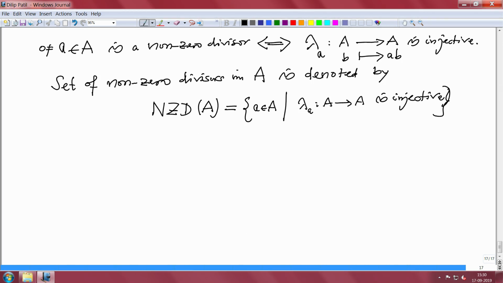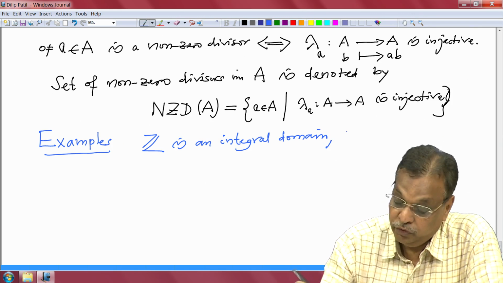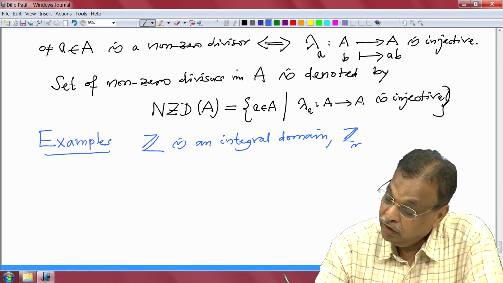Now for some examples. Z is an integral domain. There are no zero divisors in Z. That is obvious, because the product of two non-zero integers is again non-zero. Also, when is Z mod n an integral domain?